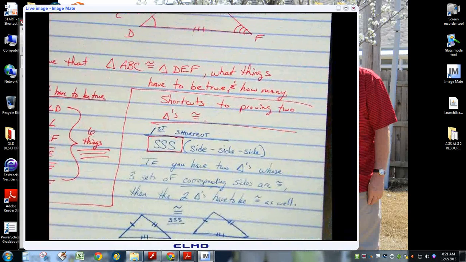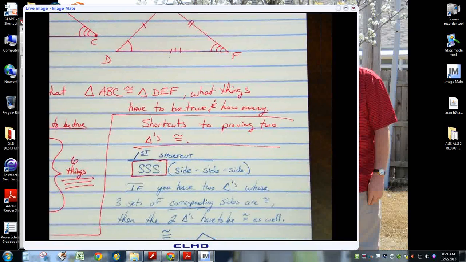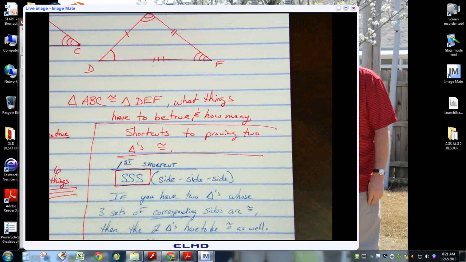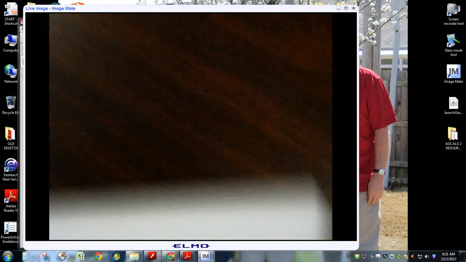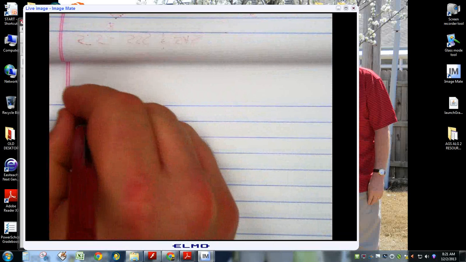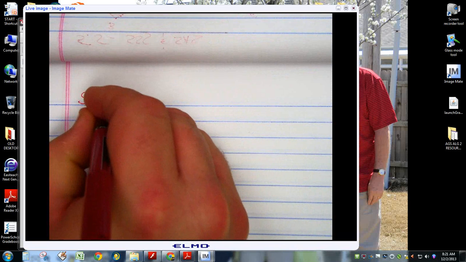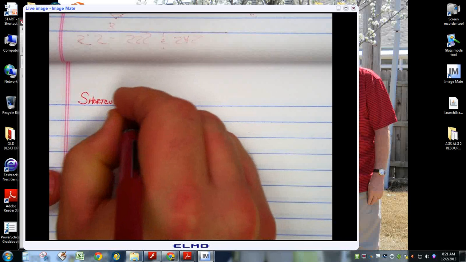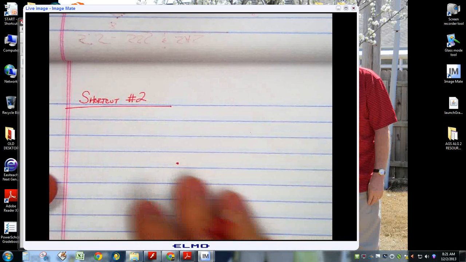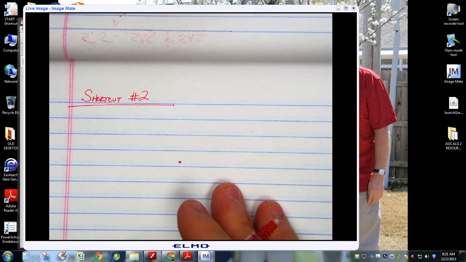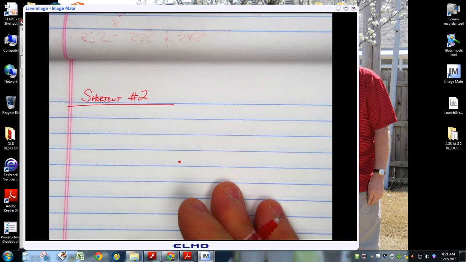Now, the harder one. Shortcut number 2. We'll have 4 total, spread out over 2 sections.